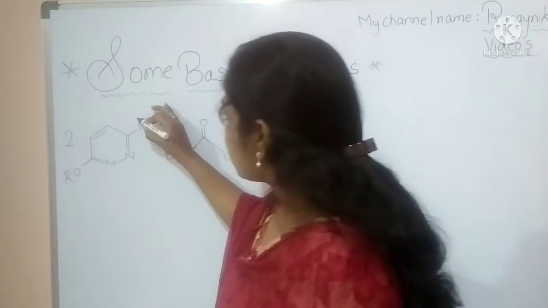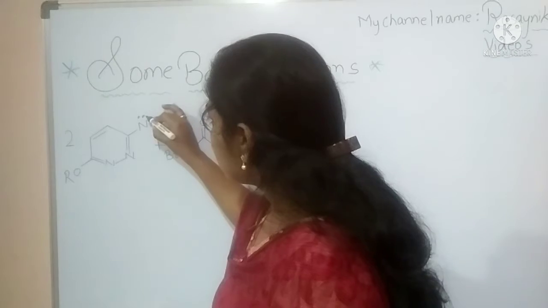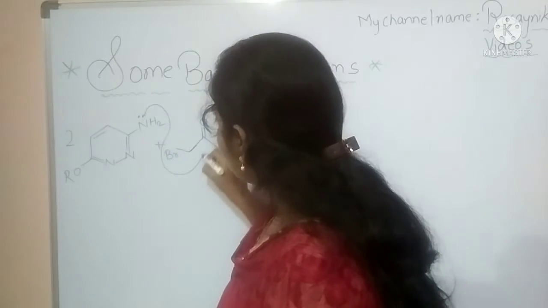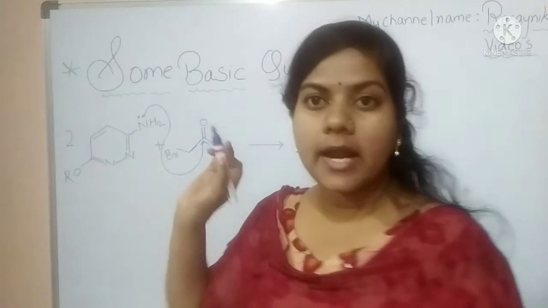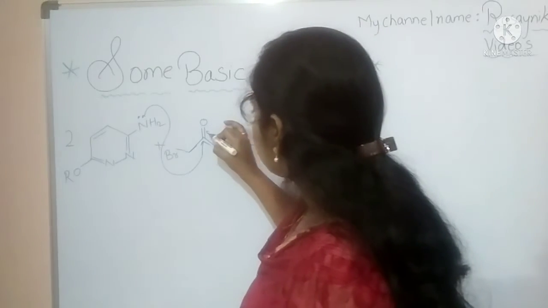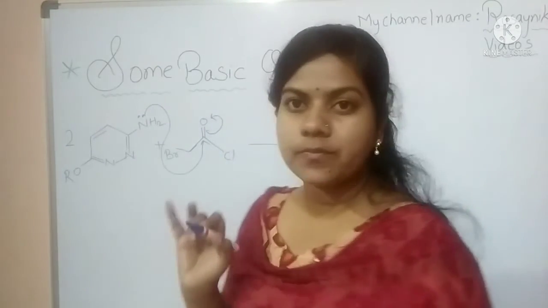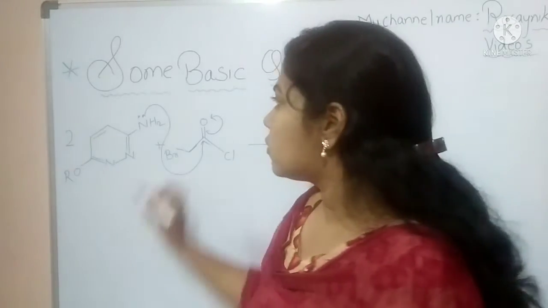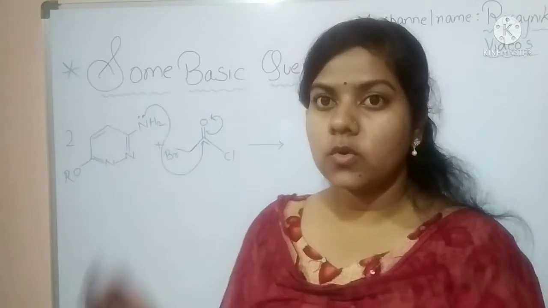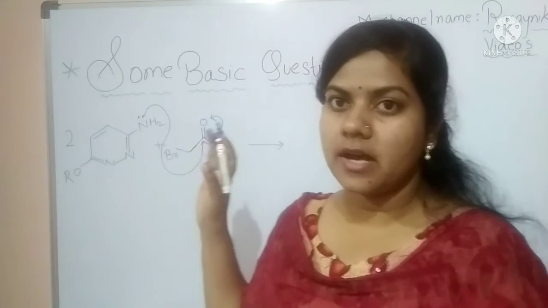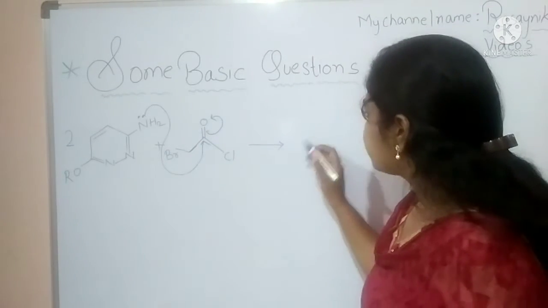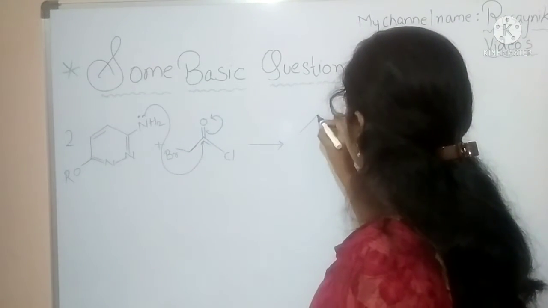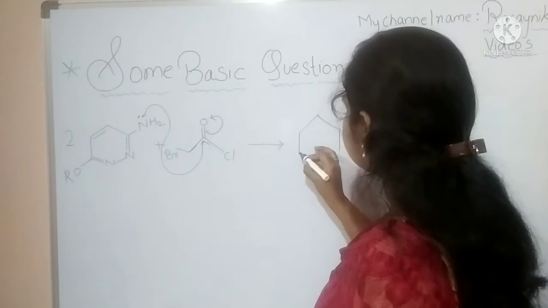So this lone pair of electrons will attack on the carbonyl carbon atom and this bond will get transferred here. Because nitrogen has a lone pair, it donates the lone pair to the carbonyl carbon, because the carbon needs it.